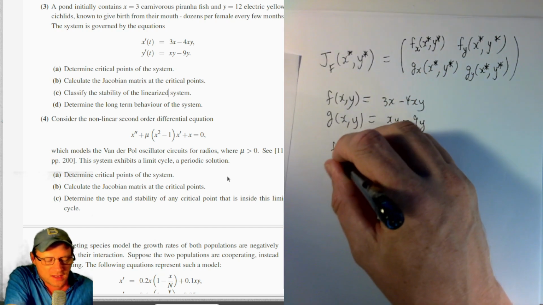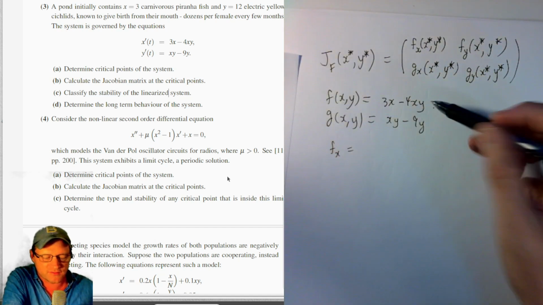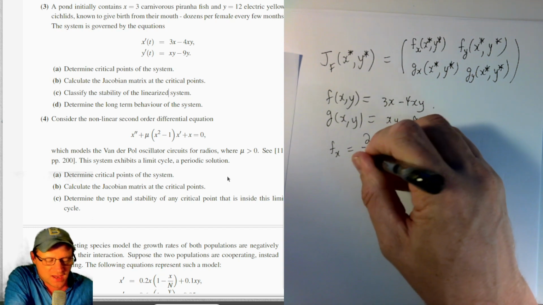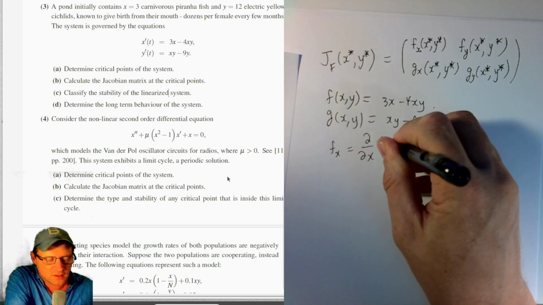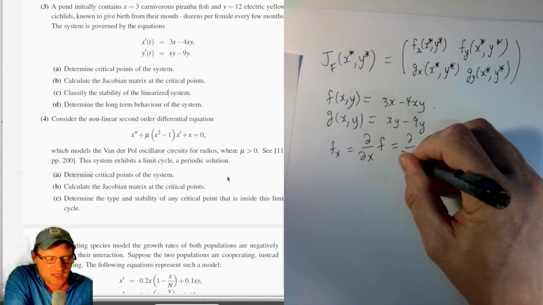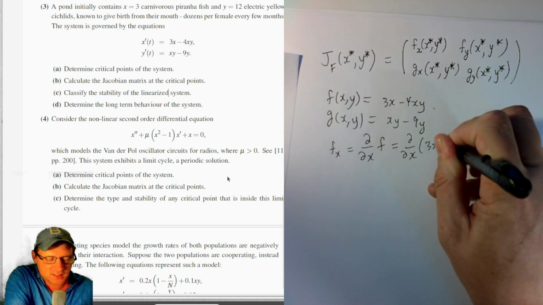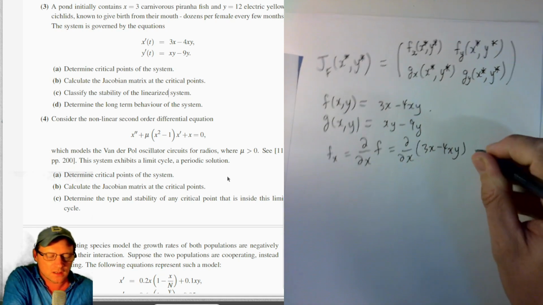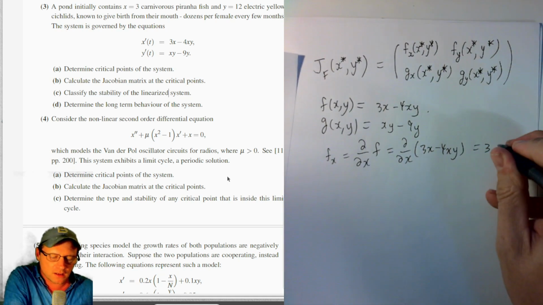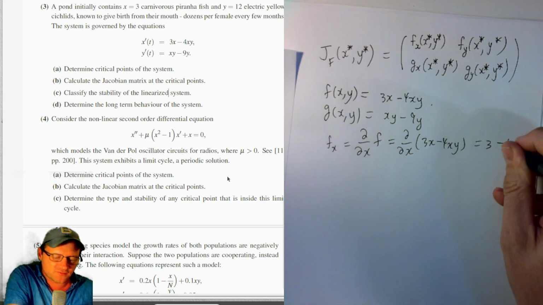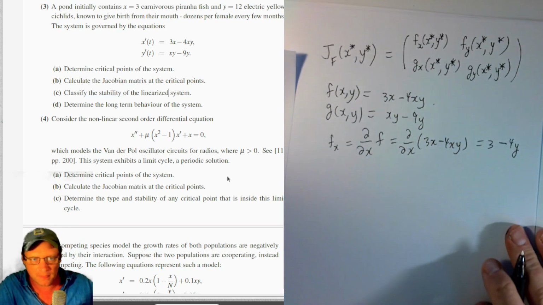So F_x is the partial derivative with respect to x of F, and so we're differentiating partially 3x minus 4xy. So we have 3 minus 4y for that.